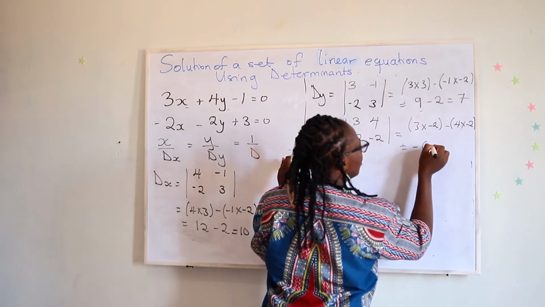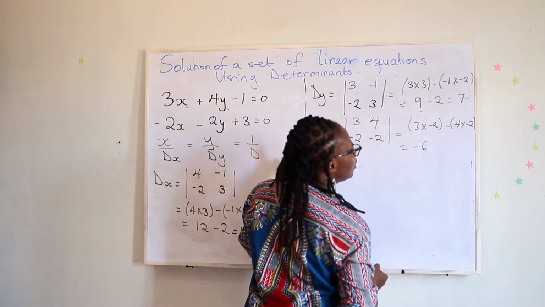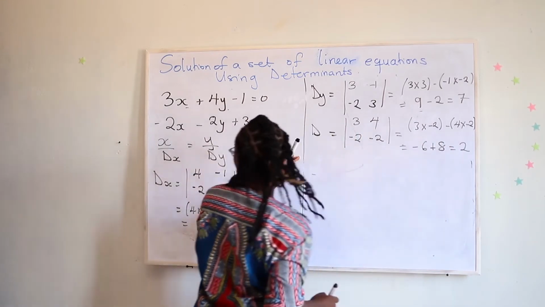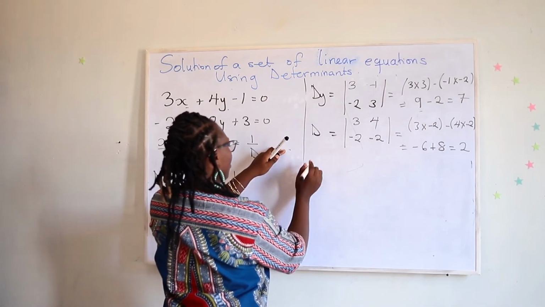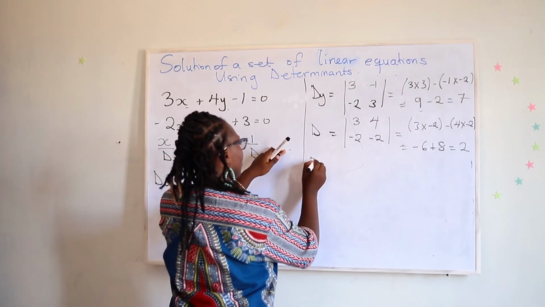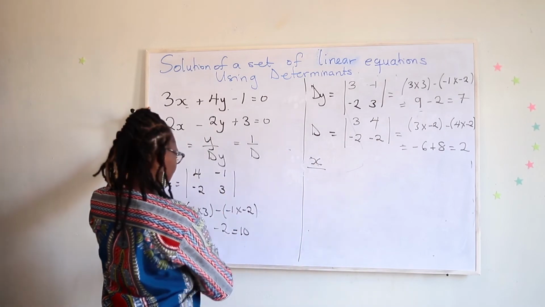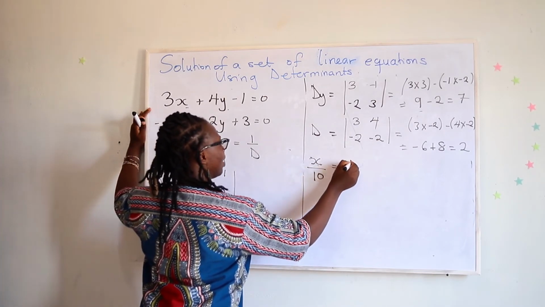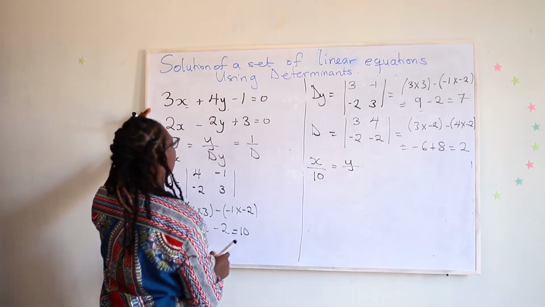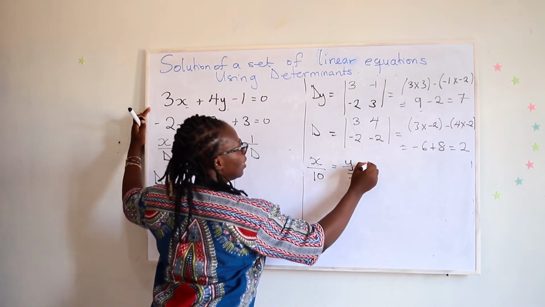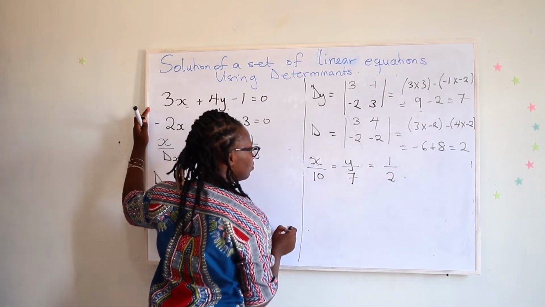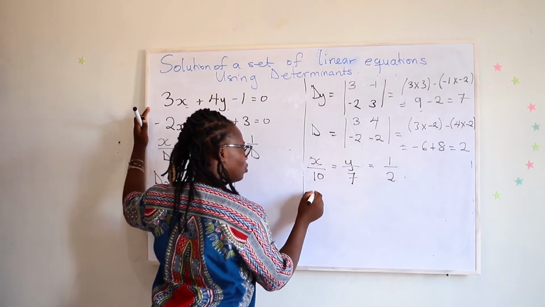Minus 6, and this is going to be positive plus 8, which is equal to 2. So now we have dx is 10, dy is 7 and 1 over d, which is 1 over 2. So let's find the values of x and y.